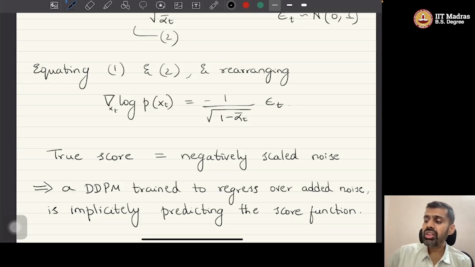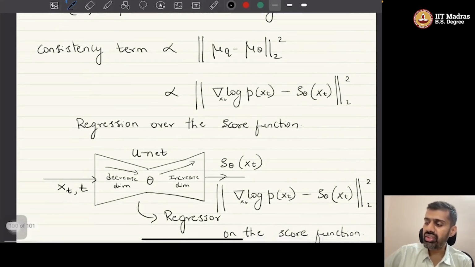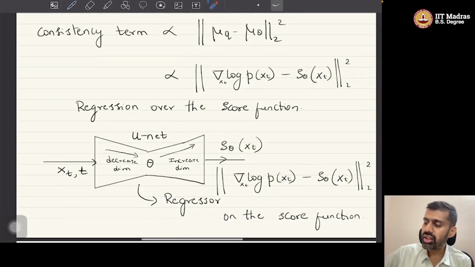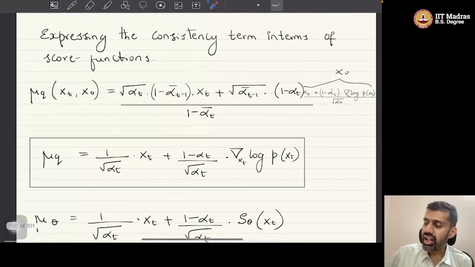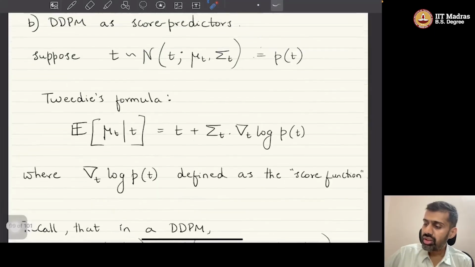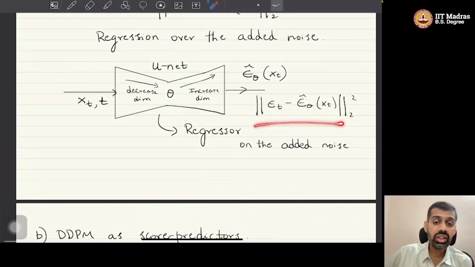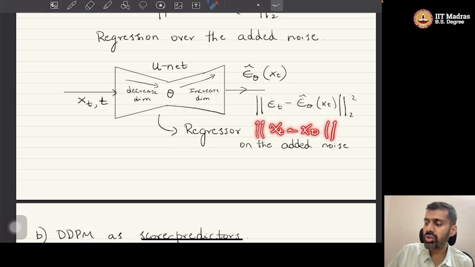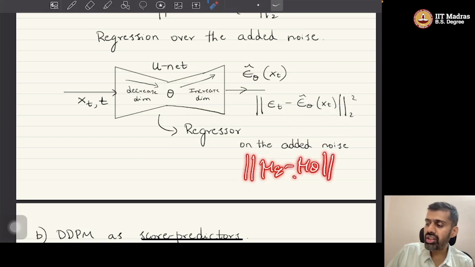So depending upon what your loss function is, if you regress over the added noise, then you can interpret this neural network as regressing over noise. And if your loss function is xt minus x naught, then it is regression over the true data point. And if it is mu q minus mu theta, then it is regression over the mean.